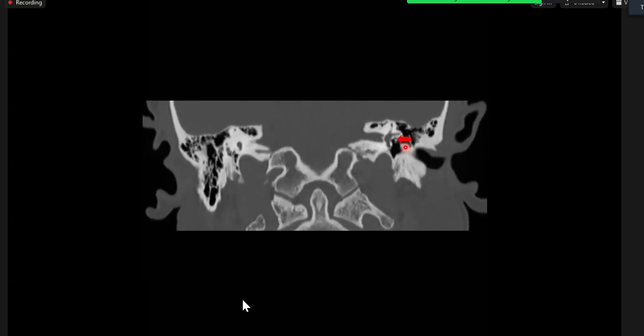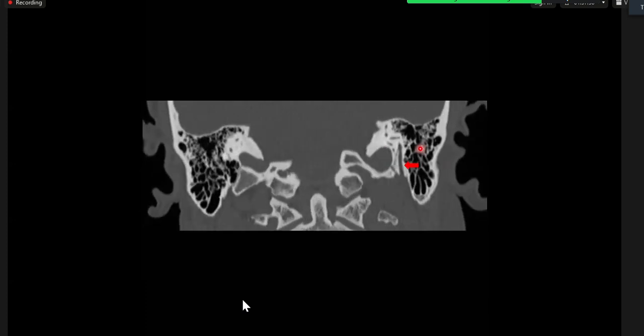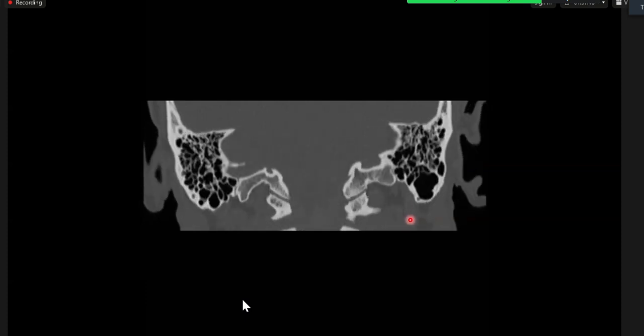Please remember the landmark: it passes below the lateral semicircular canal. So it is passing below, it goes posteriorly to the mastoid portion, and then it descends down like this. This is the stylomastoid foramen.